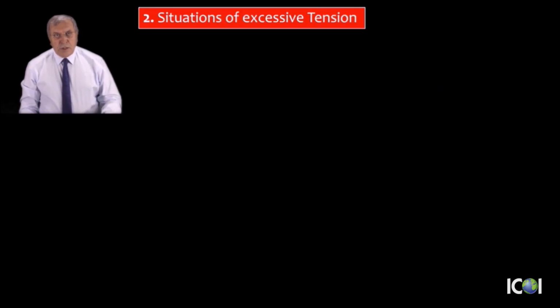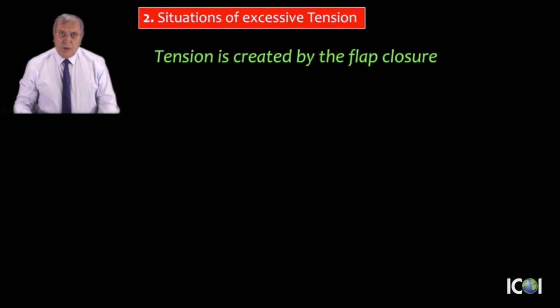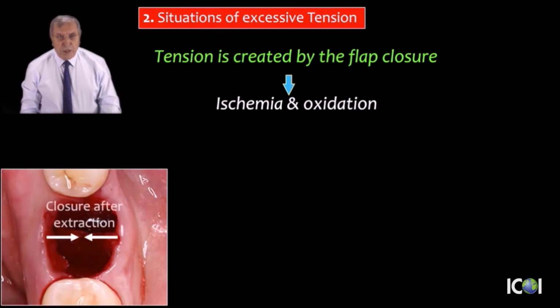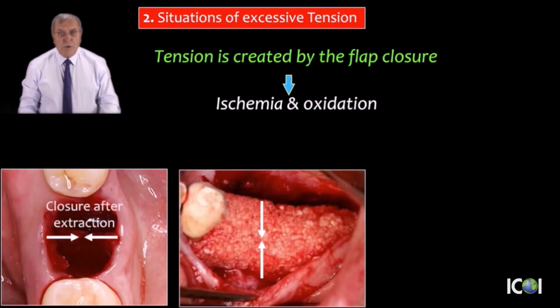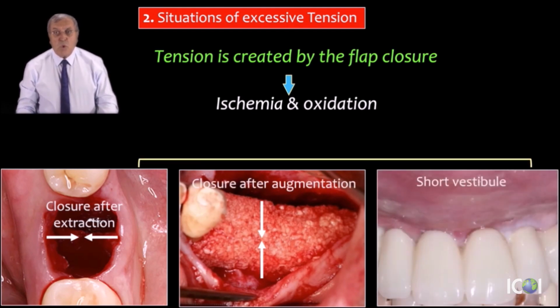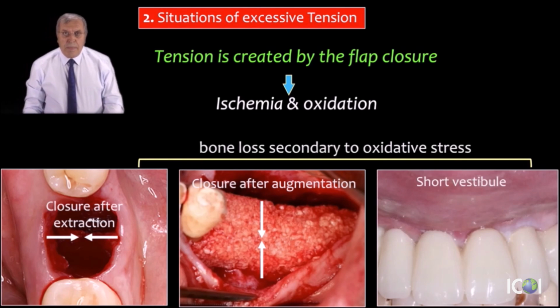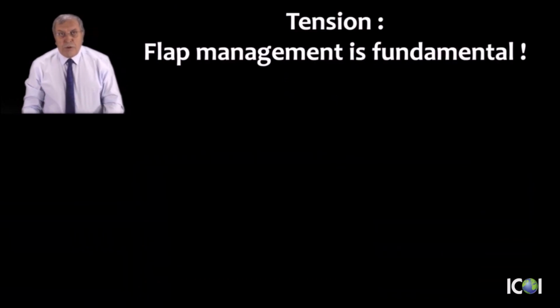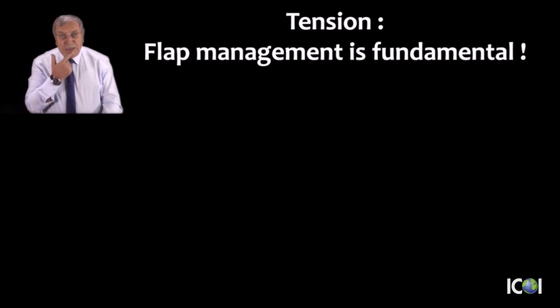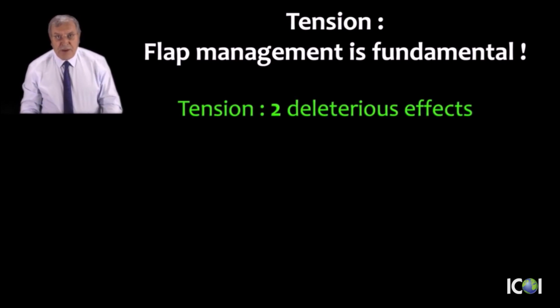The situations of excessive tension, we know them. We know that the tension is created by the flap closure, and then we induce oxidative stress. When we close after extraction, when we close after augmentation, or when we have a short vestibule. For sure, the flap management is fundamental, and we have two deleterious effects from the tension.